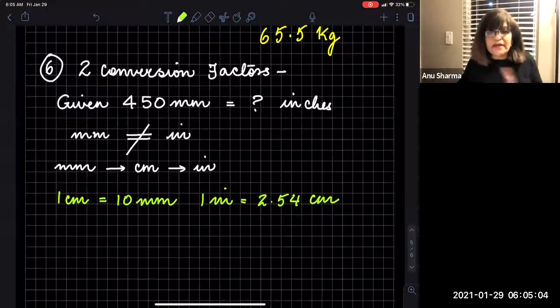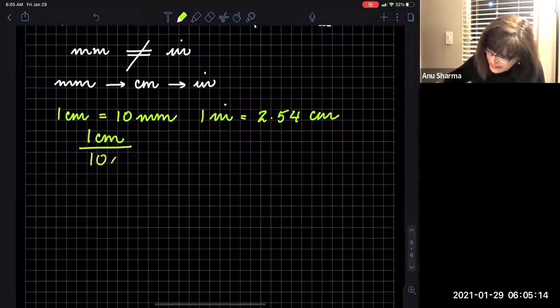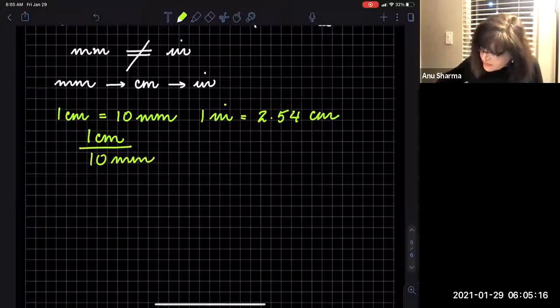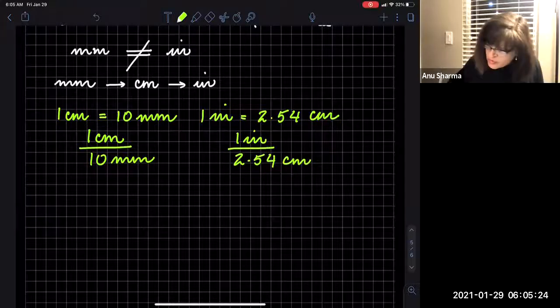So clearly you see the centimeter is common to both and is going to be canceled out. So now these are the two conversion factors: 1 centimeter over 10 millimeters, and 1 inch over 2.54 centimeters.